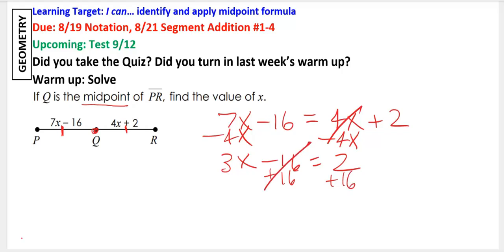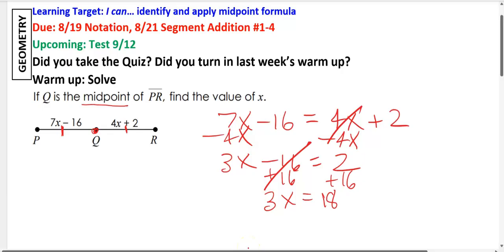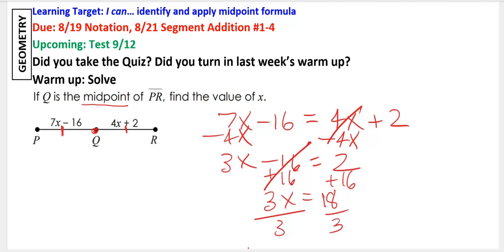So that cancels. 3x equals 2 plus 16 is 18. And then our last step, to get rid of the number in front of x, how do I get rid of this 3? Division. Yeah, divide by 3. 18 divided by 3 is 6.